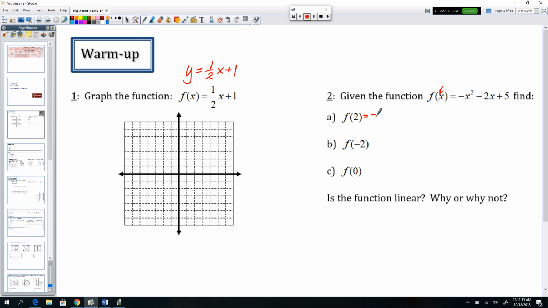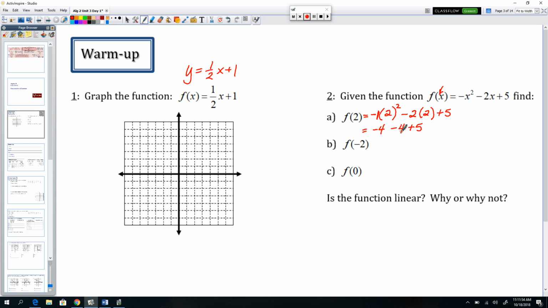So if I input 2 into the f function, that means negative 2 squared minus 2 times 2 plus 5. Now remember PEMDAS, we want to make sure that we take exponents first before we multiply this invisible negative 1. So we'll say 2 squared, using the exponent, times -1, so -4, minus 2 times 2, which is 4, plus 5.